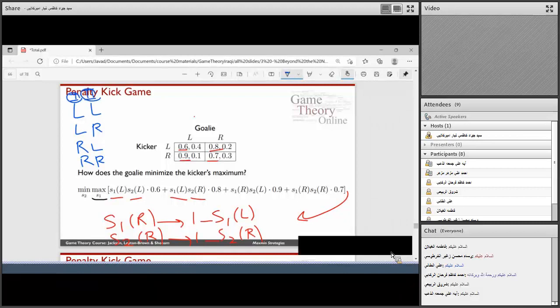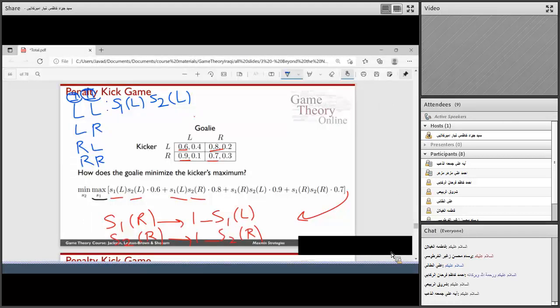There are 4 combinations, okay? Now, we're going to name each of them, each has a probability. The probability of player 1 going to left is S1 of L. The probability of player 2 going to left is S2 of L. So overall, the probability of LL happening is S1 of L, S2 of L.